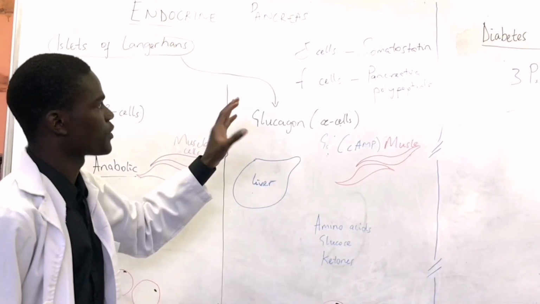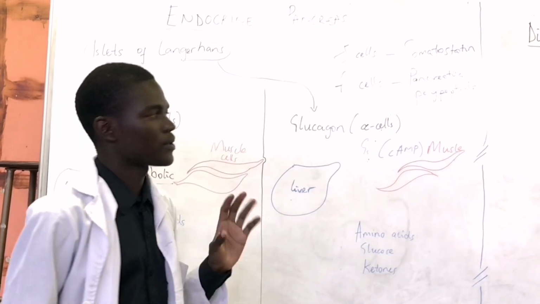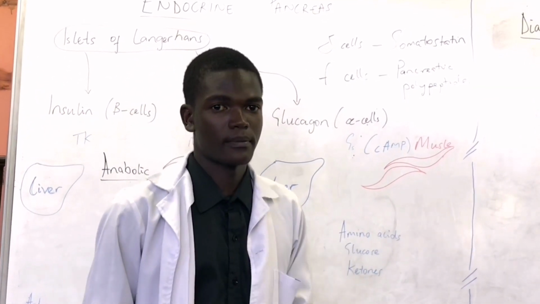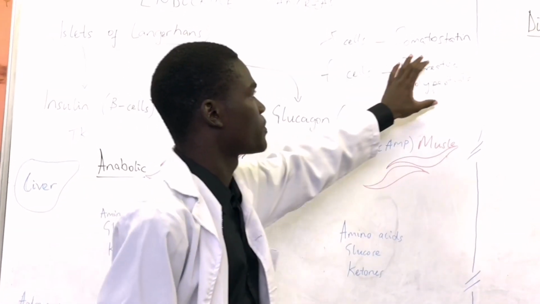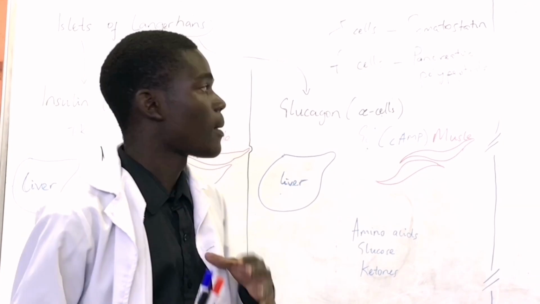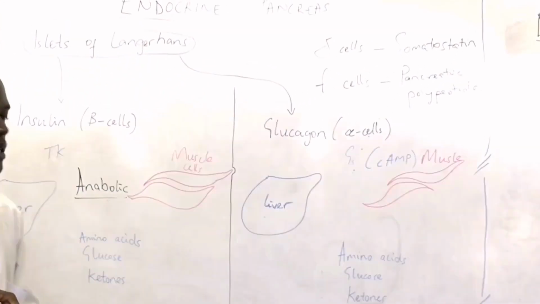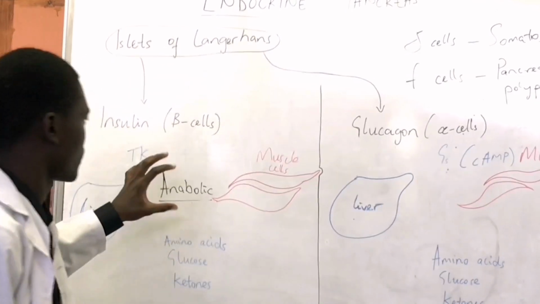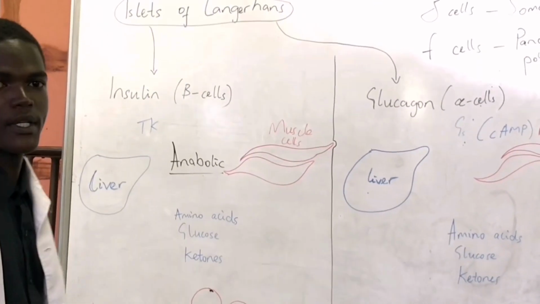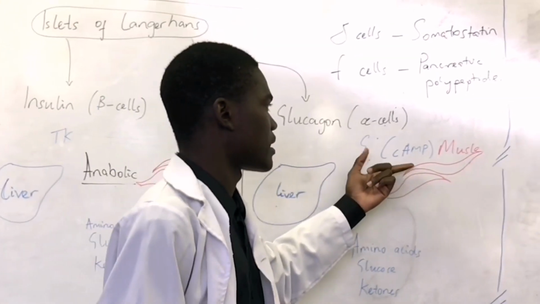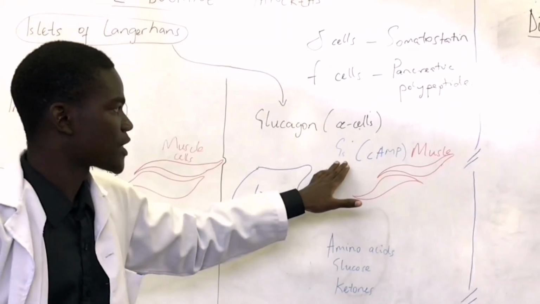The one thing to note about delta cells and somatostatin is that somatostatin is an inhibitor wherever it acts. I'm not going to delve much into pancreatic polypeptide, but I'm going to put much emphasis on insulin and glucagon. Insulin has a receptor with tyrosine kinase activity, and glucagon has a receptor with Gs activity.